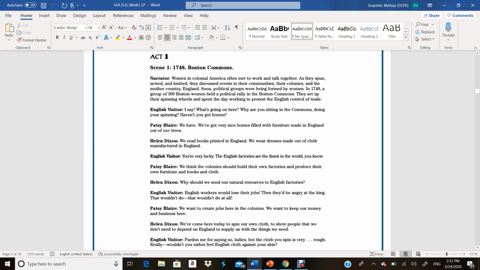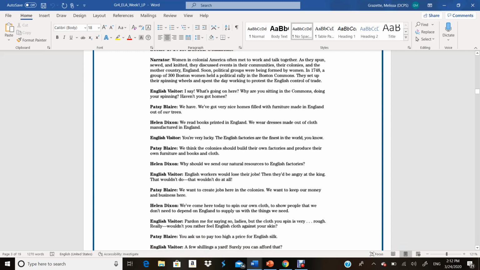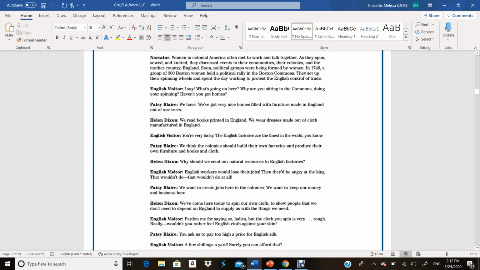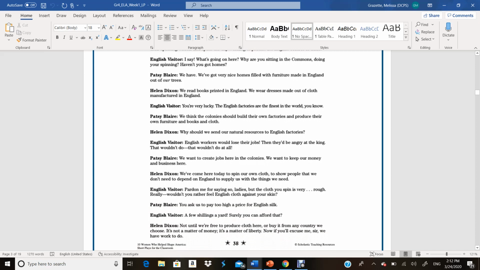The English factories are the finest in the world, you know. Patsy Blair. Don't you think the colonies should build their own factories and produce their own furniture, books, and cloth? English visitor. I'm sorry, we think the colonies should build their own factories and produce their own furniture and books and cloth. Helen Dixon. Why should we send our natural resources to English factories? English visitor. English workers would lose their jobs. Then they'd be angry at the king. That wouldn't do.